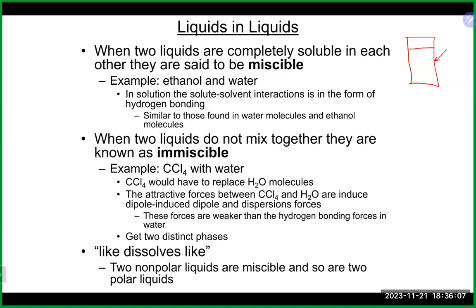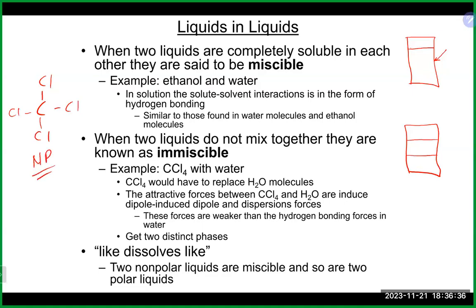When two liquids really do not mix together, they're said to be immiscible in each other. And in that case, you definitely will see some layering happening, as maybe they're using two different types of intermolecular forces. Like if you took some carbon tetrachloride with water, carbon tetrachloride, if we just quickly sketch its Lewis structure, is a symmetrical geometry with everything attached the same, which means it's a nonpolar molecule.